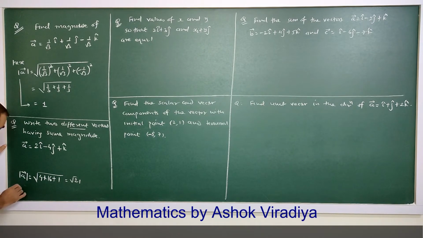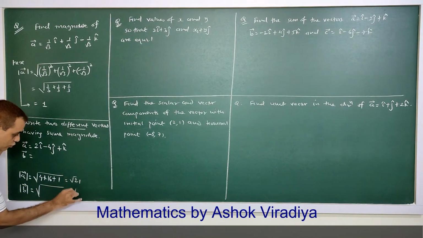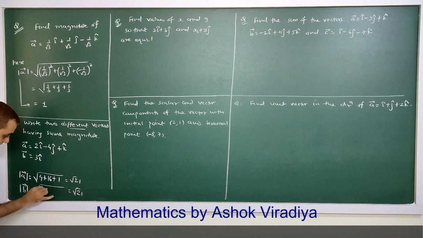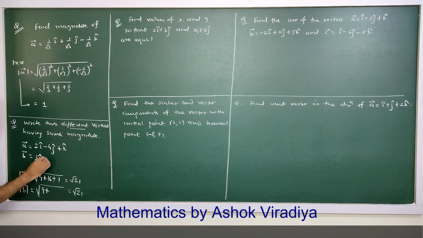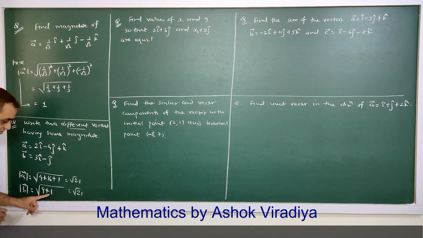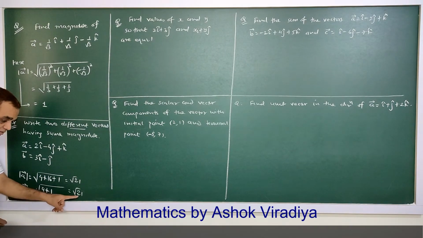This is a vector with magnitude root 21. Now we want another vector B such that its magnitude is also root 21 but different from this vector. So suppose I put here 3i, then I should keep here 9. Then I keep minus j, then I should keep minus 1 square, that is 1. So 9 plus 1 is 10. Now how much is left to make 21?